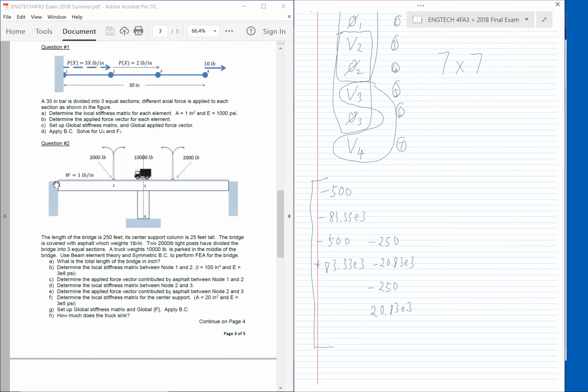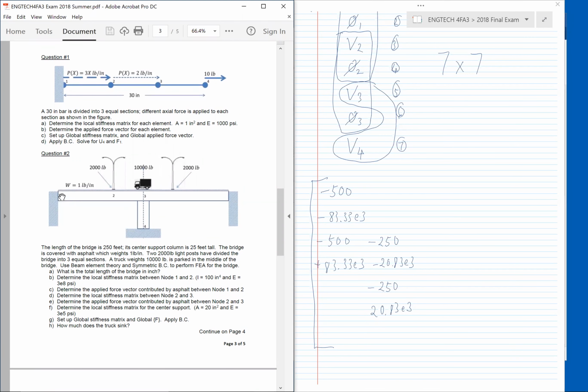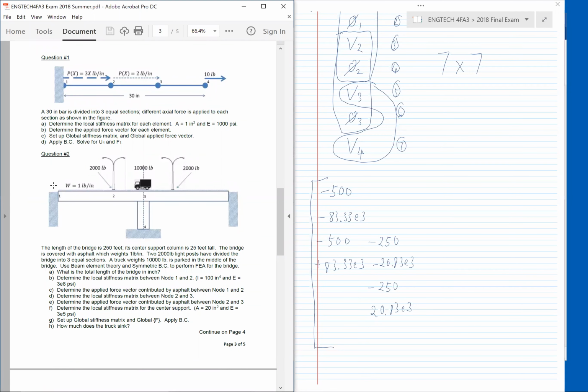For node 1, there's a force attaching the beam, and also there's a moment holding the beam in place. So we say plus F1 plus M1. And then node 2, there's a force acting on node 2 by the lamp pole, which is negative 2000.